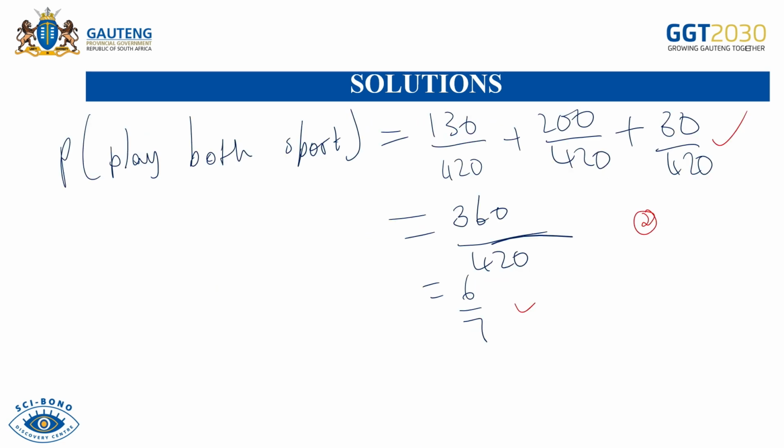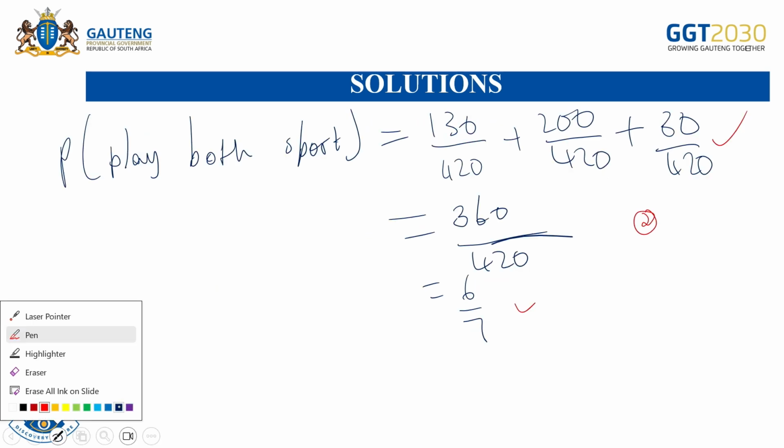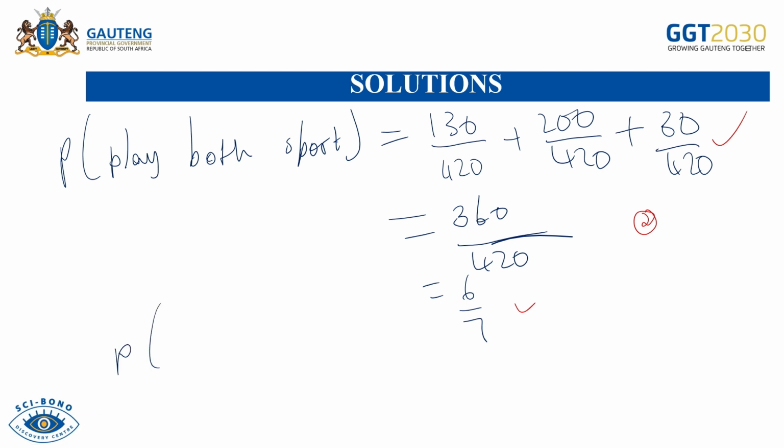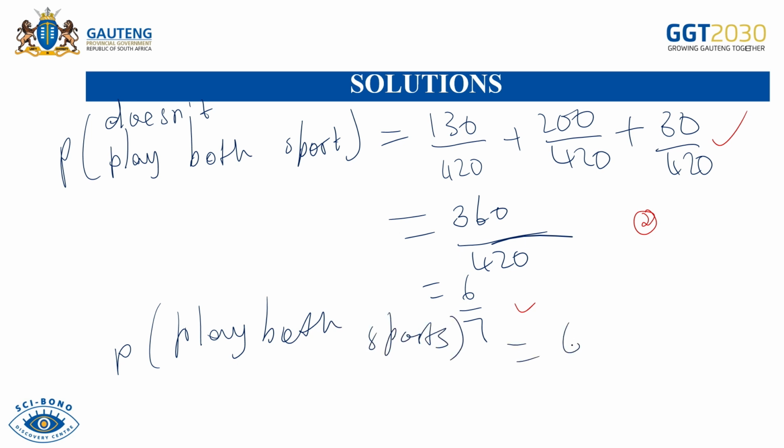So it's going to be the probability of playing both sports, 60 all over 420, and that is going to give you 1 all over 7. Then you'll get your full marks.